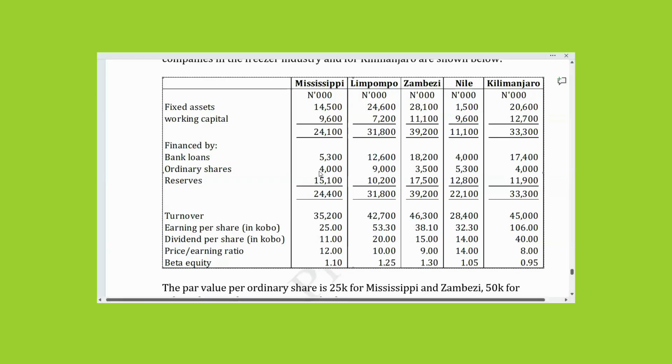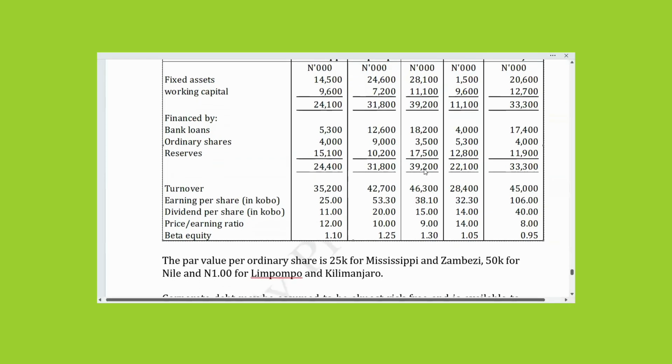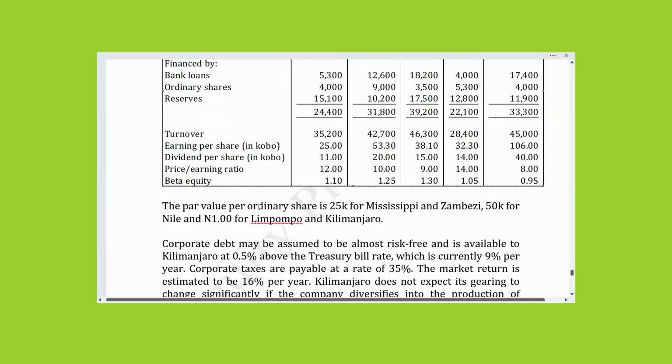These are share capital. We need the number of ordinary shares. To get it, you divide the share capital by the par value. We are given a par value of 25 kobo for Mississippi and Zambezi, then 50 kobo for Nile, and then 1 naira for Limpopo and Kilimanjaro.